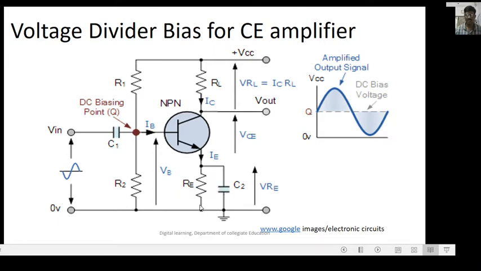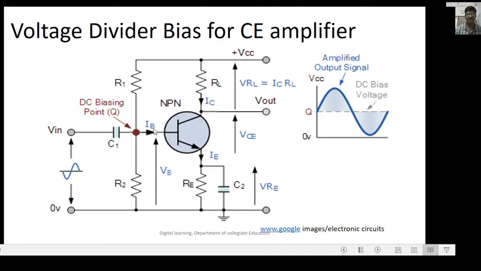The lower terminals are connected to the ground and the upper terminals are connected to the NPN transistor. We call it NPN because the flow of electrons is in the downward direction, from base to the emitter, or from the transistor to the ground.